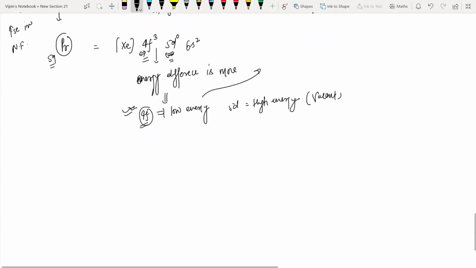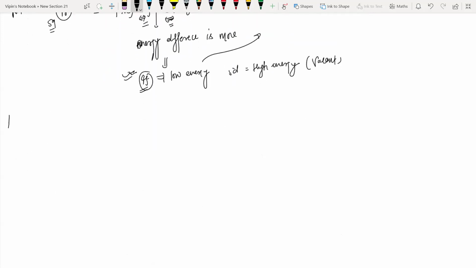Okay. Now the electronic configuration in the case of gadolinium. Gadolinium is important. Gadolinium has atomic number 64. We have xenon 4f7 5d1 6s2. Why is the electron present in the 5d orbital? Because the 4f7 has a half-filled configuration, right?